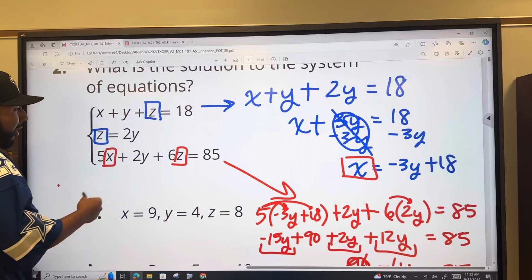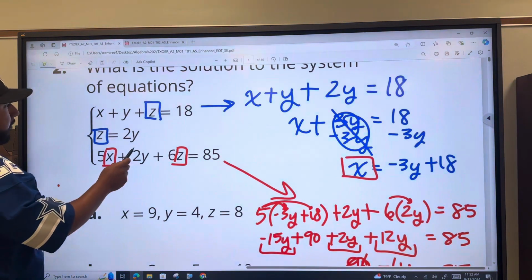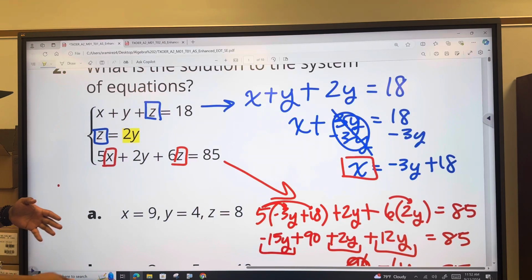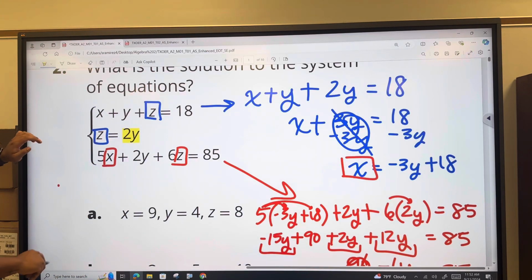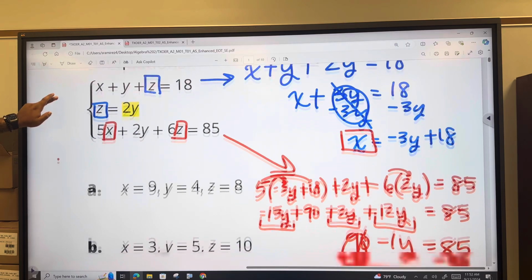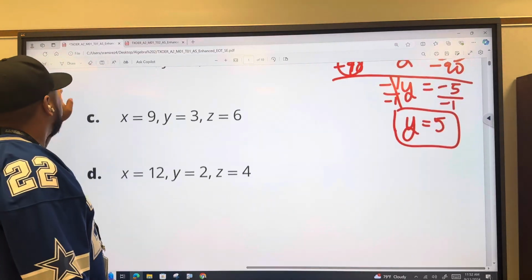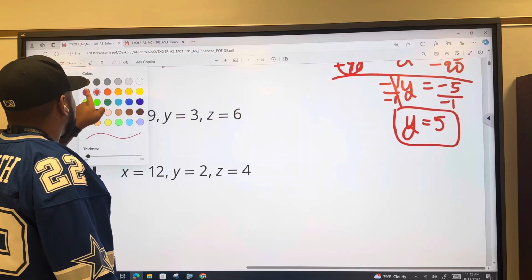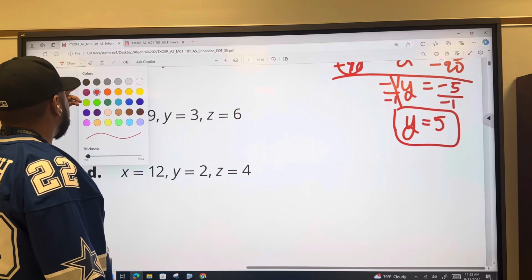Now I can take that y and find my z. There's a y right there. So I'm going to take that y, put it in here, and then we're going to have our z. Let's check it out. Z equals 2y. Different color, let's use black, that's fine.